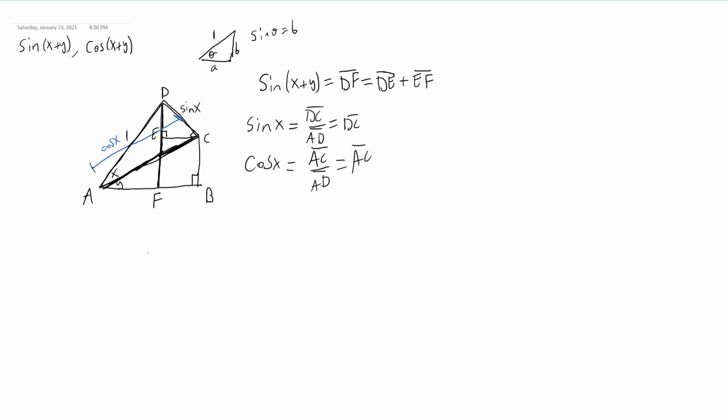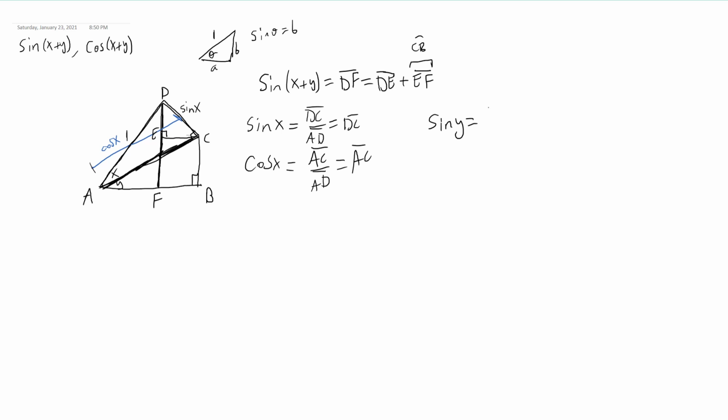So now we're sitting fairly pretty to get CB. Why is that? Well, notice that FECB, that shape, is a rectangle. So CB is the same as EF. So this is also CB. Well, let's look at now the sine of y.